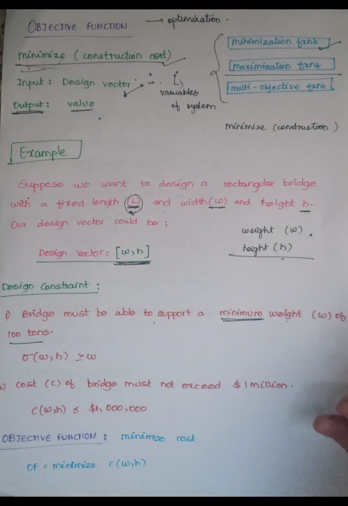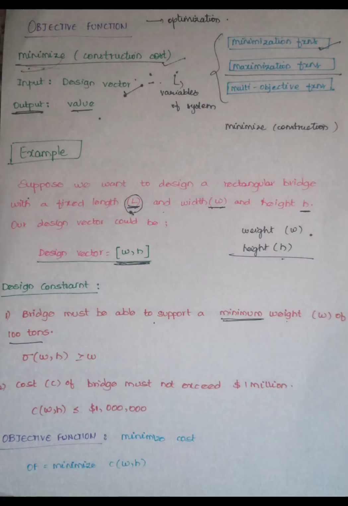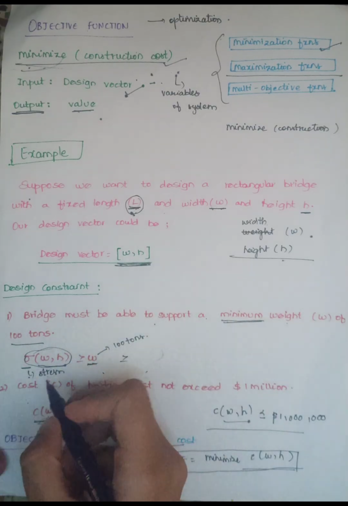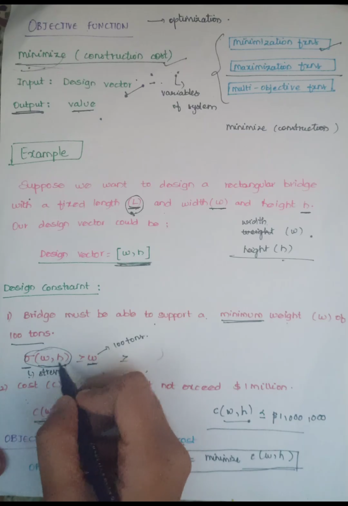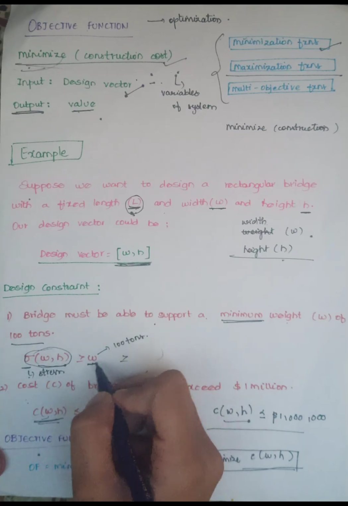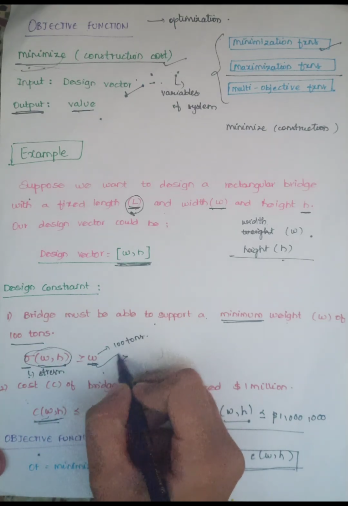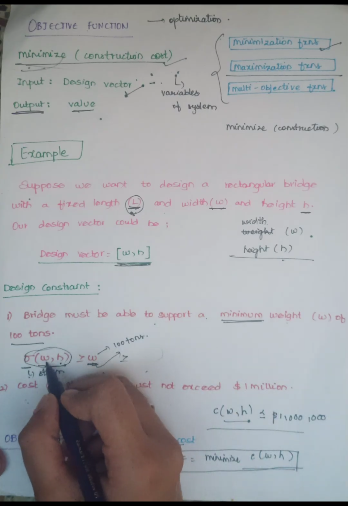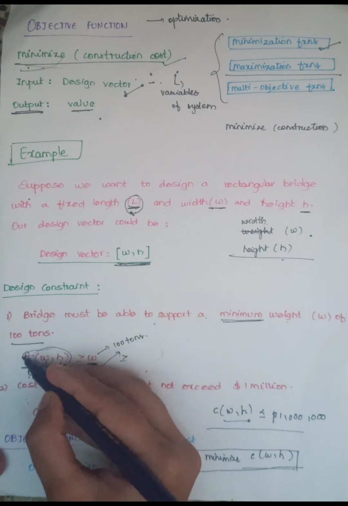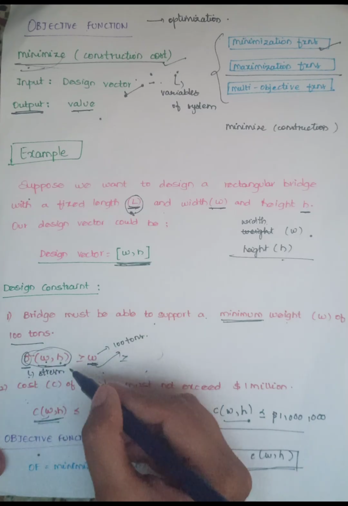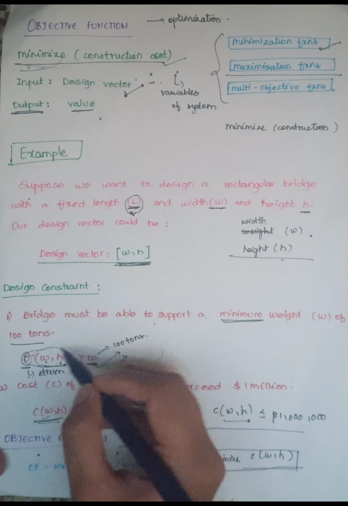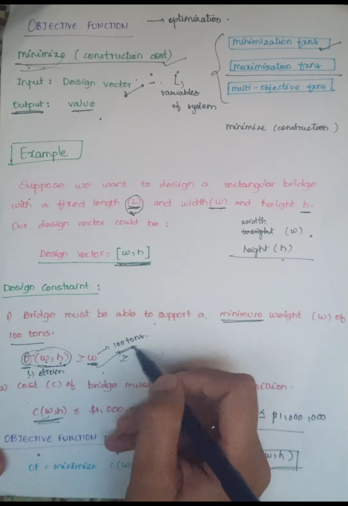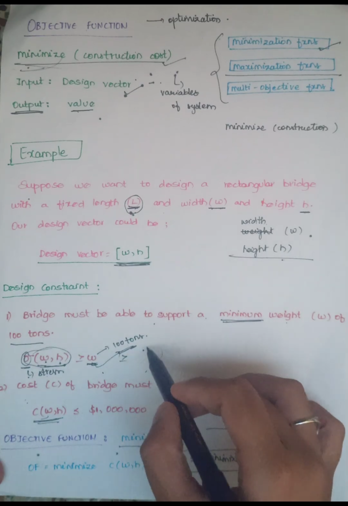That means that it has to withstand at least 100 tons. The design constraint for this statement can be written as sigma of w comma h should be greater than or equal to W. Here W is the weight, which refers to 100 tons, and w comma h is the width and height. So this function specifies the stress, which specifies that the stress among width and height should be greater than 100 tons. The minimum weight should be 100 tons.